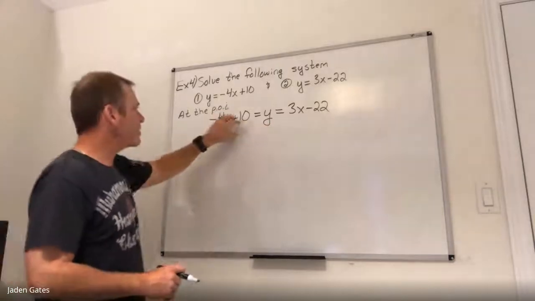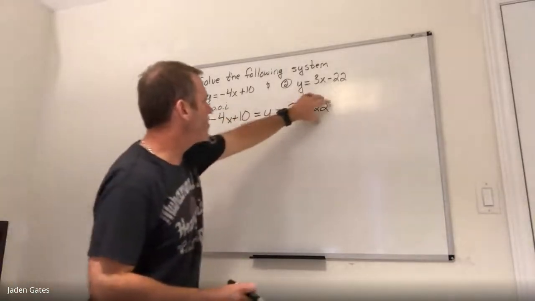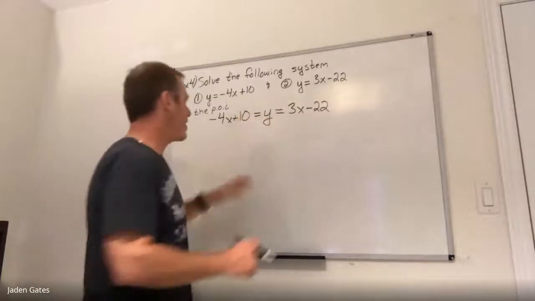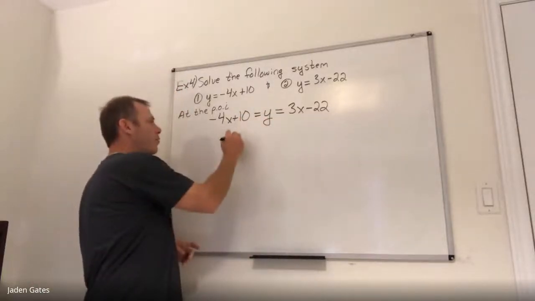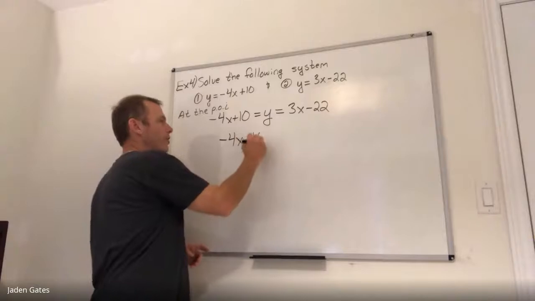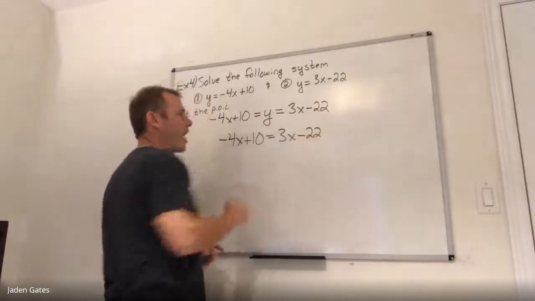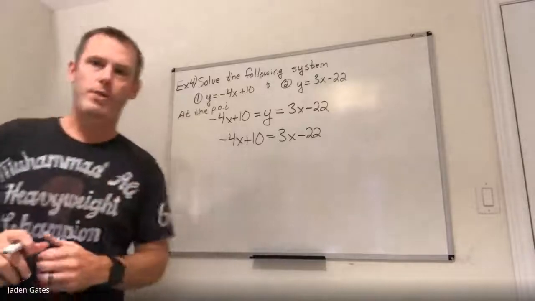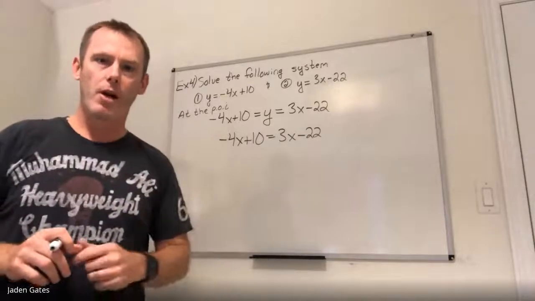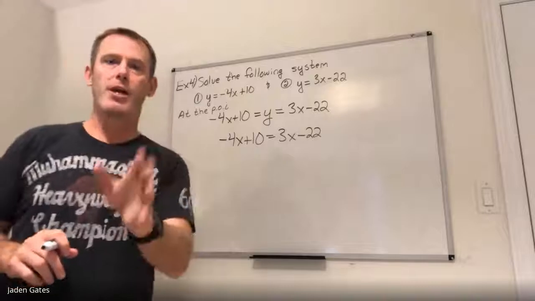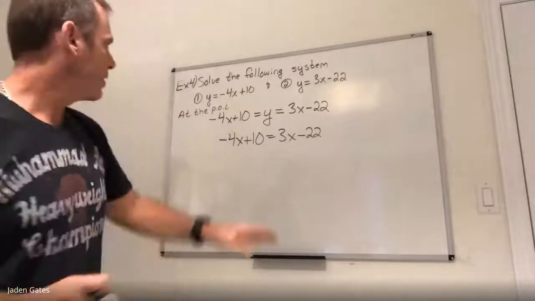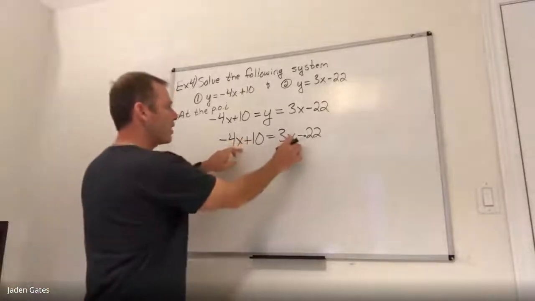So if this is equal to y and this is equal to y, then in fact, they're equal to each other. That is the most important concept for what we're doing right now. Point of intersection, the same x and the same y at the same time. So that means that these two are equal to each other.